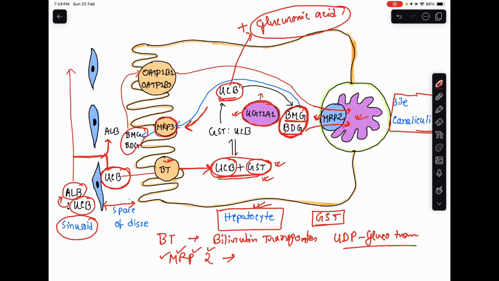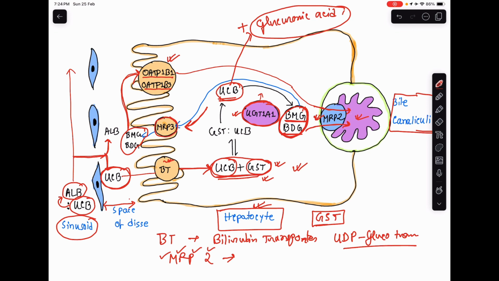It comes into the space of Disse, then again these molecules are taken up into the hepatocyte with the help of the organic anion transport proteins OATP1B1 and OATP1B3. Okay, this is the conjugation reaction and the metabolism happening inside the hepatocyte.